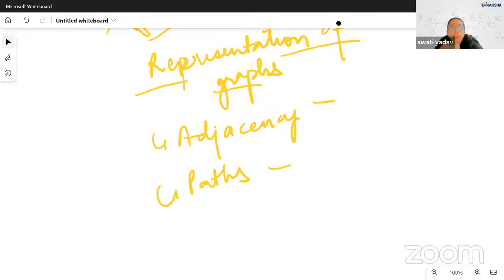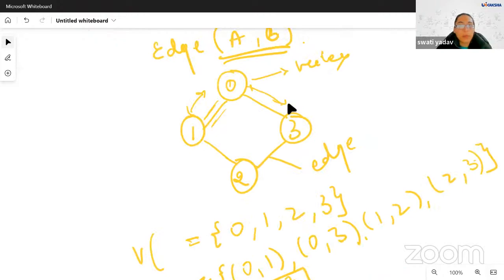Now, what is a path? In this kind of data structure, you will see that in a graph there is a term which comes up as path. Now, a series of edges that take you from one vertex to another when they are not adjacent to each other is called a path. Like here in the same example, you want to go from 1 to 3.